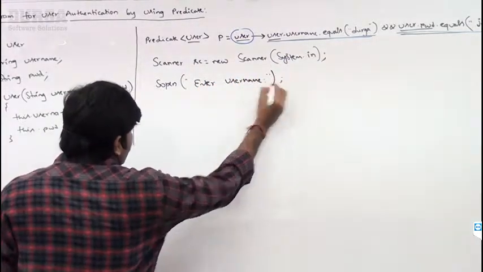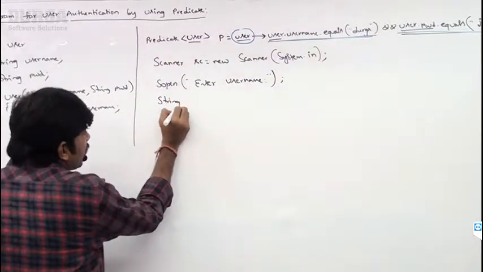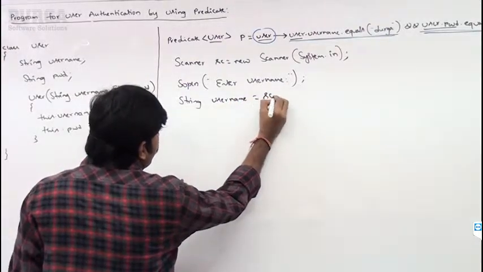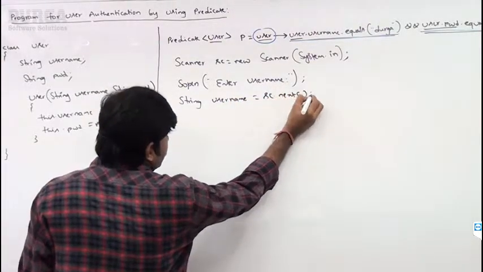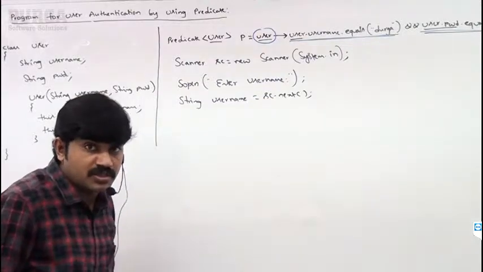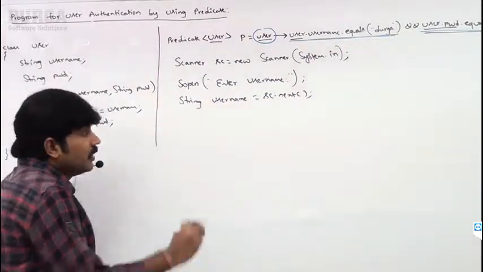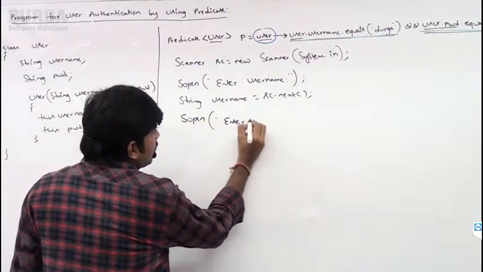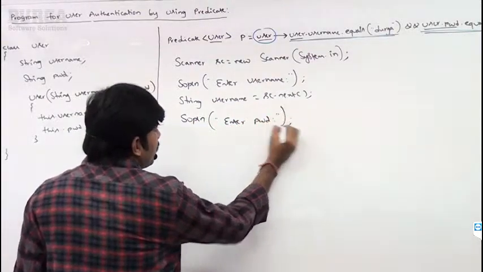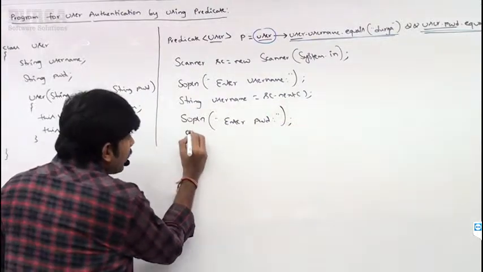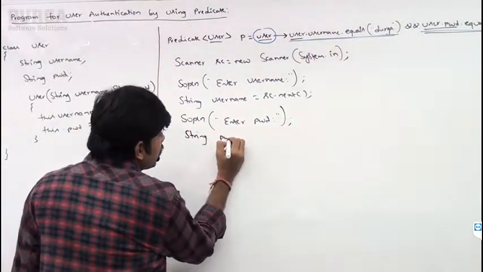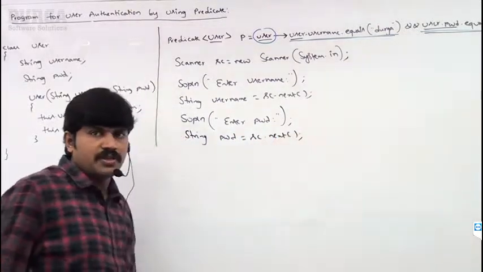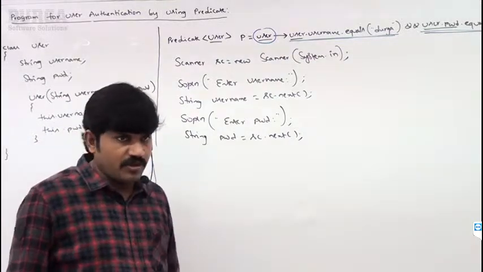Now I will get the username: String username is equal to sc.next. Now I got the username. Similarly, I can ask to enter password, and string password is equal to sc.next. Now the password is also ready.